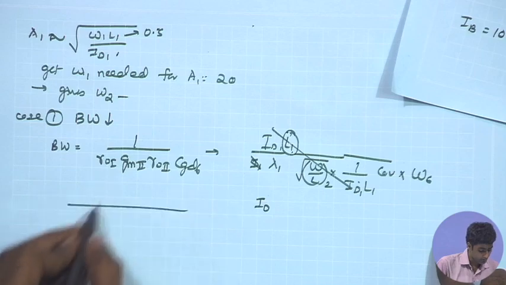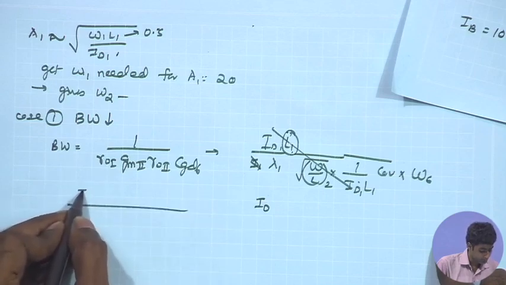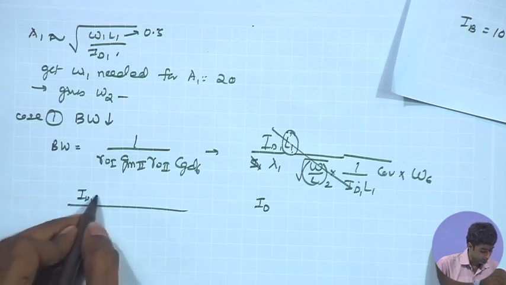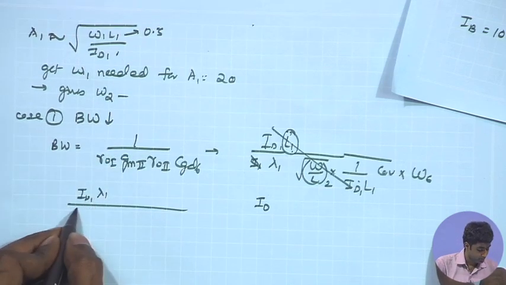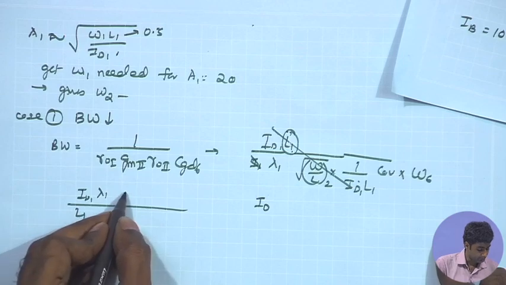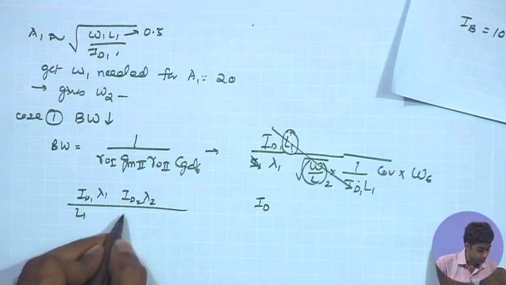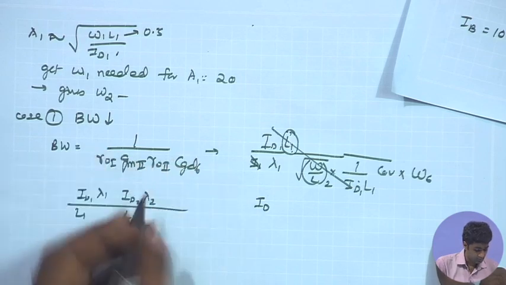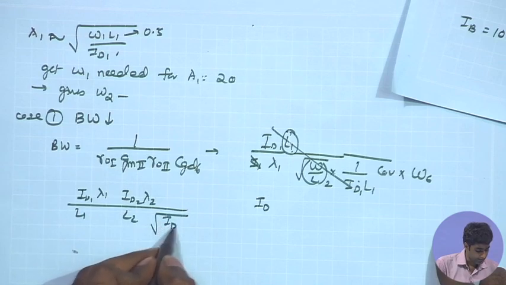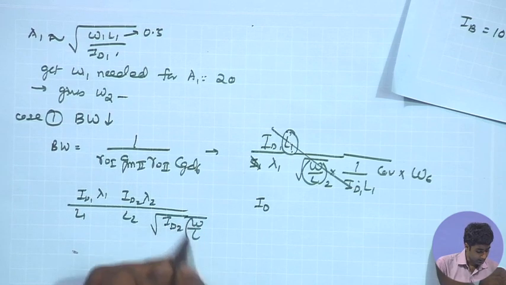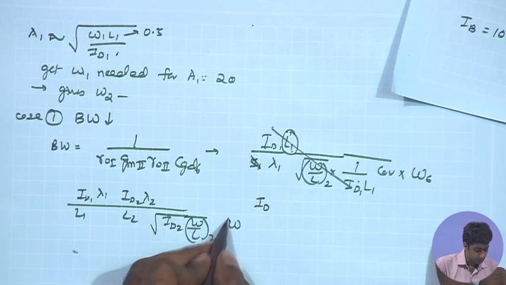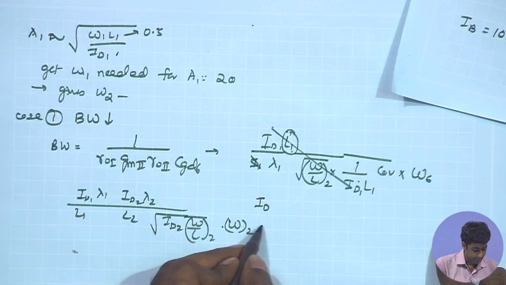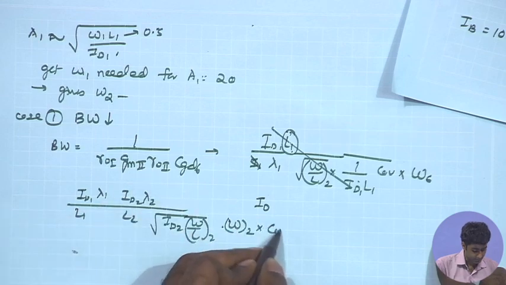You have RO1, which is proportional to 1 upon ID1 times lambda, basically lambda dash upon L1, and likewise you have RO2, which is lambda 2 upon ID2 times L2. You have GM2, which is proportional to root of ID2 W by L2, and you have CGD6, which is proportional to W2 times the C overlap, which is a technology parameter.